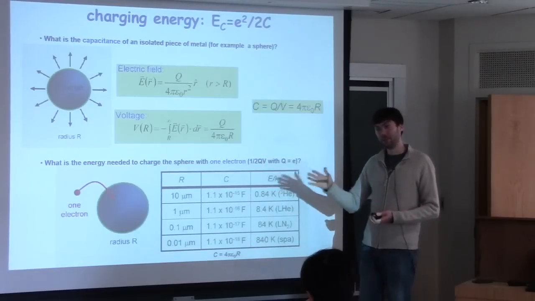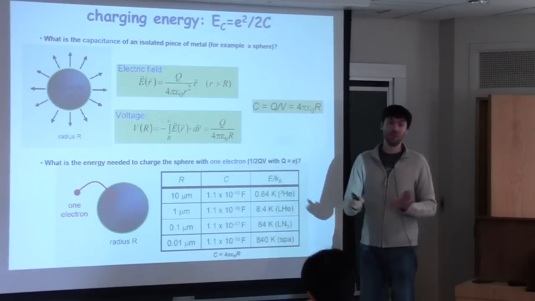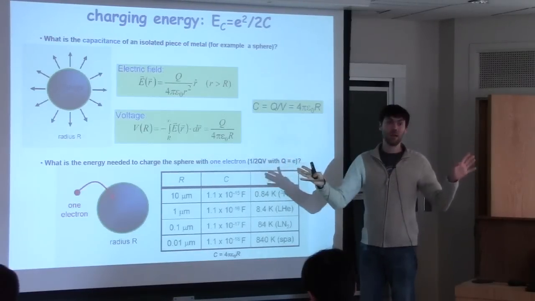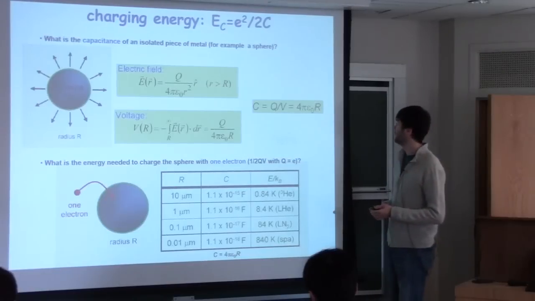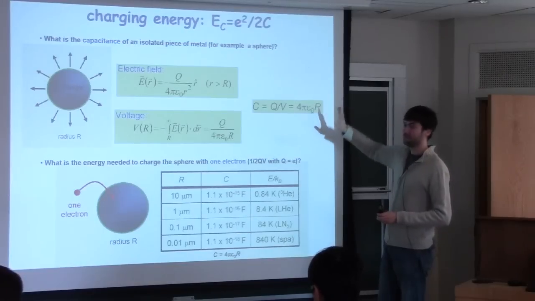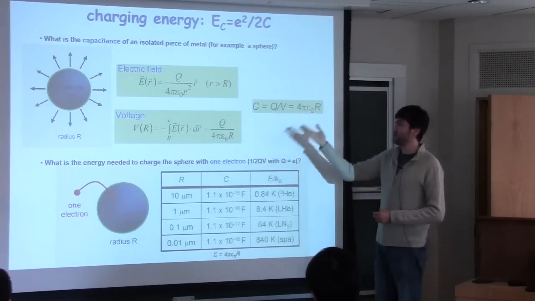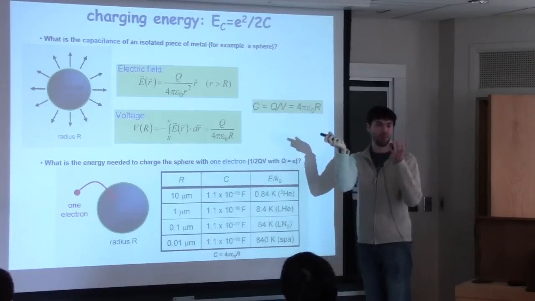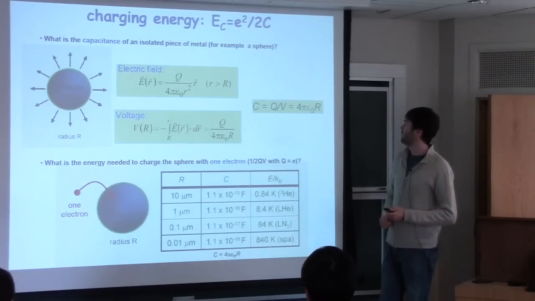Once again, this is only if you neglect couplings to nearby metals. If you have conductors nearby, all these estimates can be thrown out the window. But in outer space, this would be the capacitance. And if it's not a sphere but some strange shape or rectangle, still roughly the dimension of the system would give you the right capacitance.